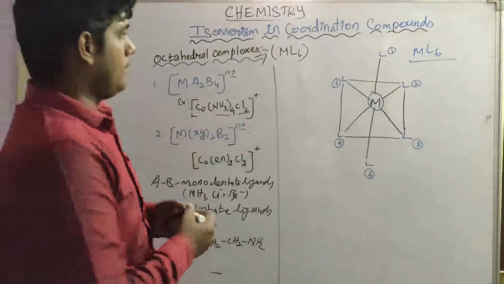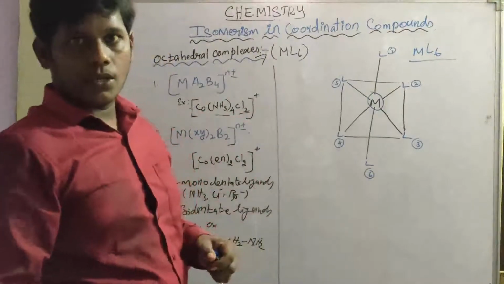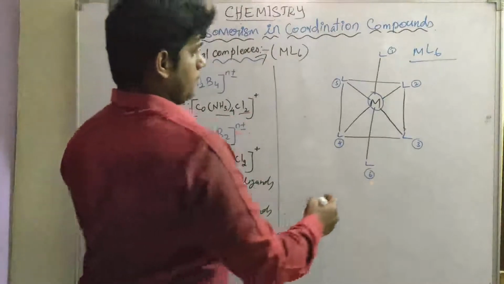In this octahedral complex, 12 cis positions are exhibited. What are the 12 cis positions?